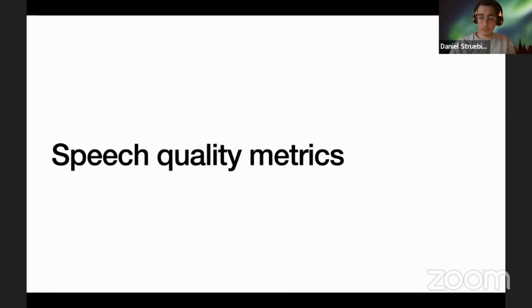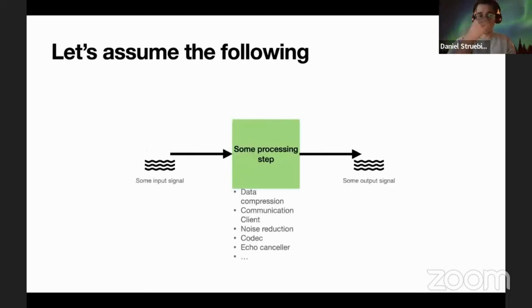So I'm just going to start off with an example that as an audio developer you are hopefully familiar with. Let's assume you have the following situation at hand. You have some input signal. It could be single channel, it could be multi-channel. We can disregard that for now. And you run that through some type of processing step.